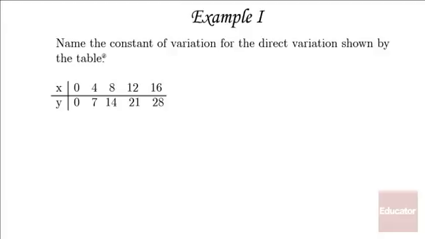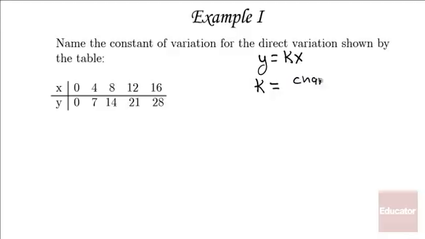Name the constant of variation for the direct variation shown by the table. So we're given a table of values for x and y, and we're asked to name the constant of variation k. So recall that the equation in general is y equals kx, and we need to find the constant of variation, which is k, and k is the slope of the line described by this equation.